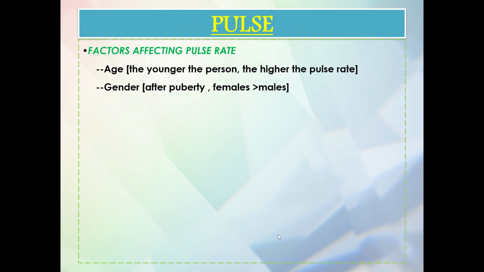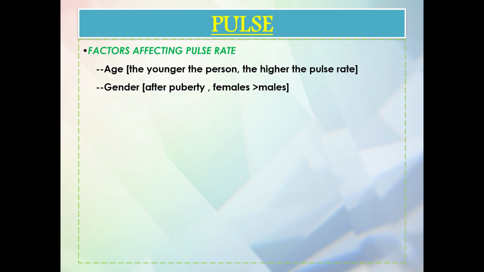So, ibig sabihin, mas smaller yung heart ng mga babae, kaya naman mas kailangan mag-compensate by mas mabilis yung pagtibok ng kanilang pulse rate in comparison to the male's heart rate. Okay, so the smaller female heart pumping less blood with each beat, it needs to beat at a faster rate to match the larger male heart's output.